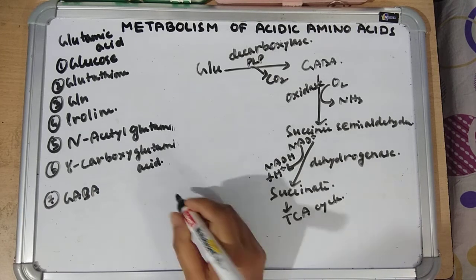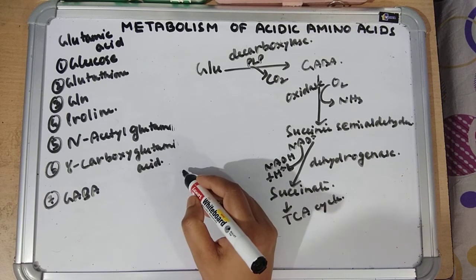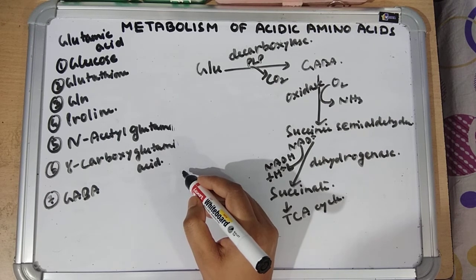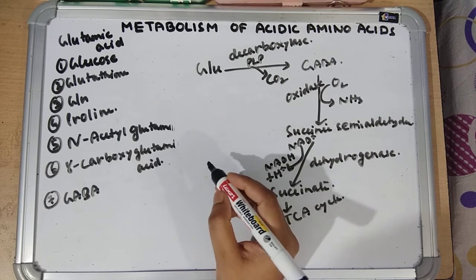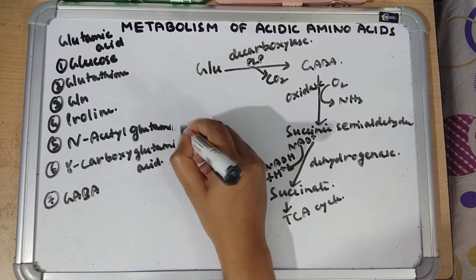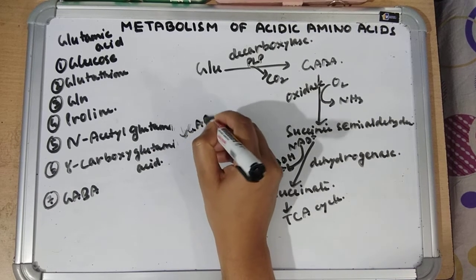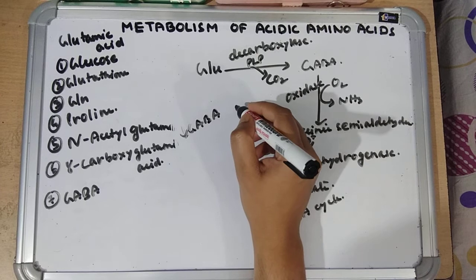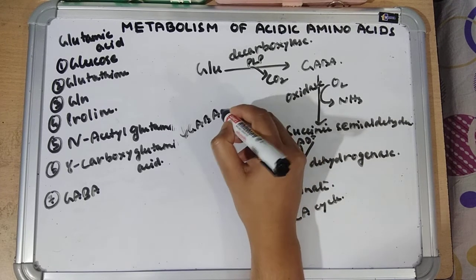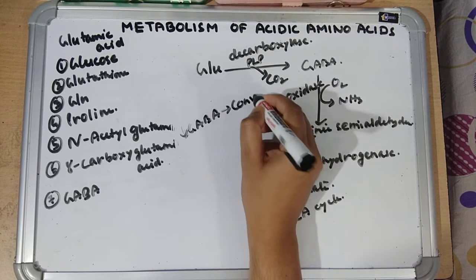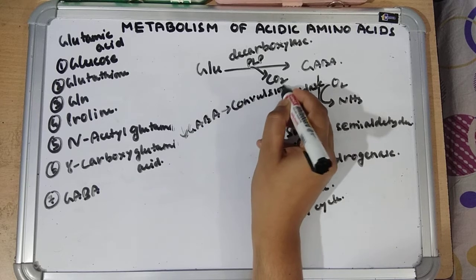Now GABA is an inhibitory neurotransmitter which opens chloride channels in postsynaptic membranes in the CNS. So when GABA is decreased, there is excessive excitation of the neurons causing convulsions.